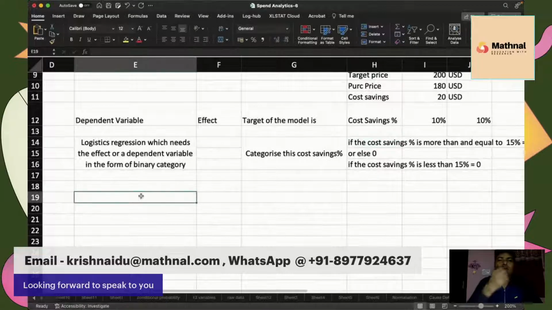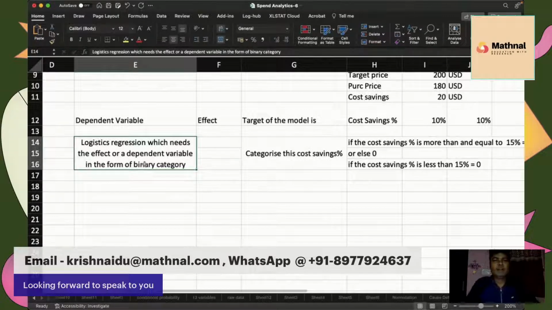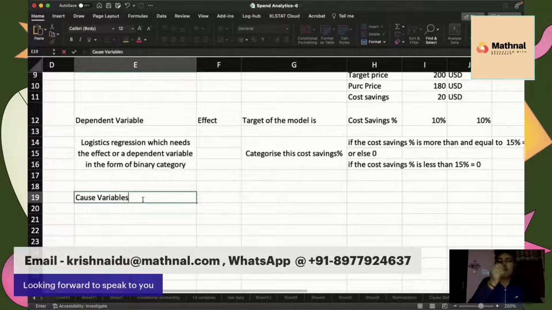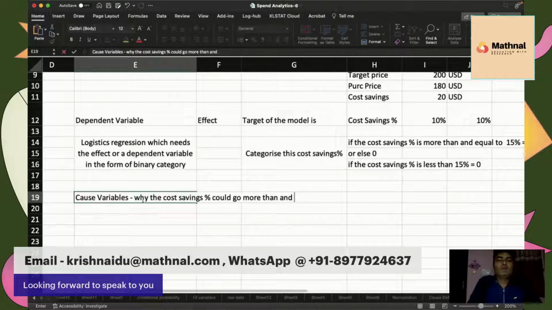Now, before going to the model, since we have defined the dependent variable, or target variable, or the effect variable, let us define the cost variables. Why could the cost savings percentage go more than or equal to 15%?